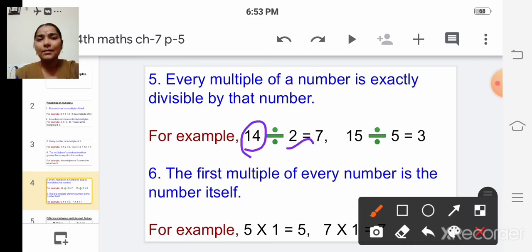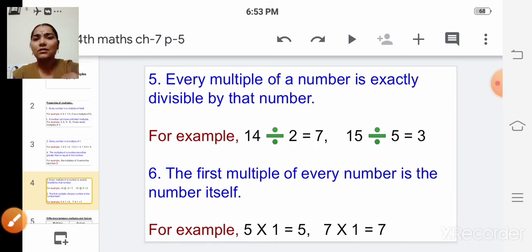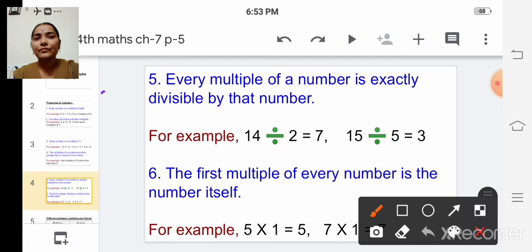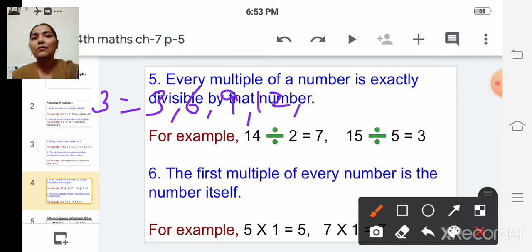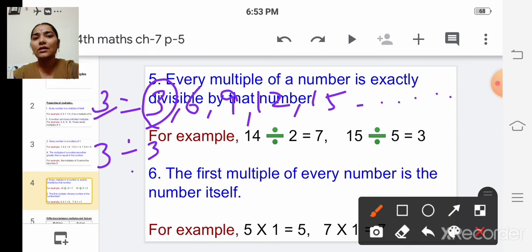Now take the multiples of 3: 3, 6, 9, 12, 15 and so on. If we divide this multiple 3 by 3, we get 1 and the remainder is 0.